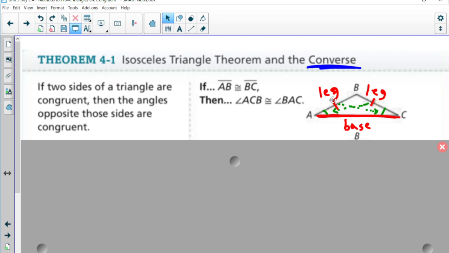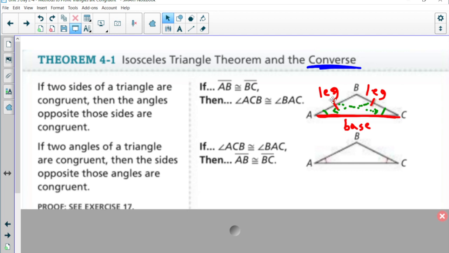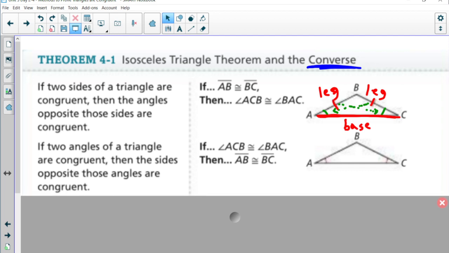And hopefully you remember that the converse involves taking the statement and switching it. So the original says if two sides are congruent, then the two angles opposite them are congruent. So the converse will say if the two angles are congruent, then the sides across from them are congruent.